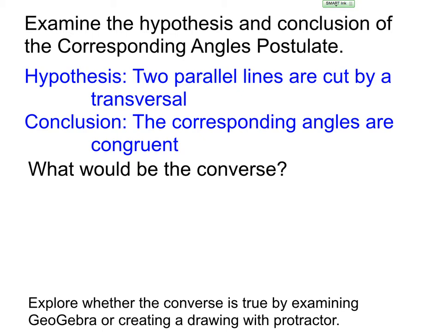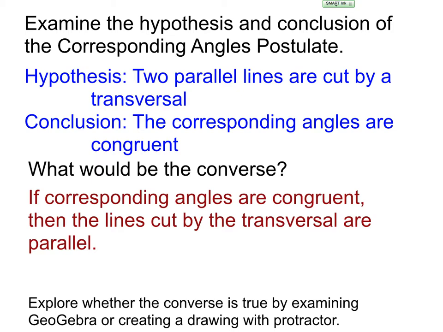If the corresponding angles are congruent, then the lines cut by the transversal are parallel. So you start with the angles being congruent, and you end up with lines that are parallel. Let's see if it's true or not.